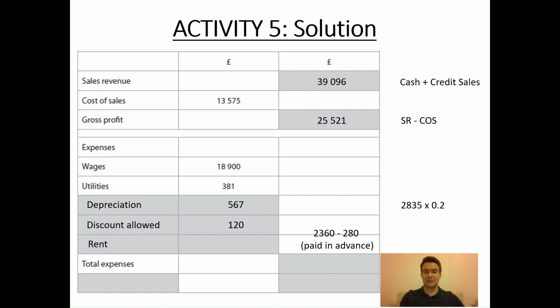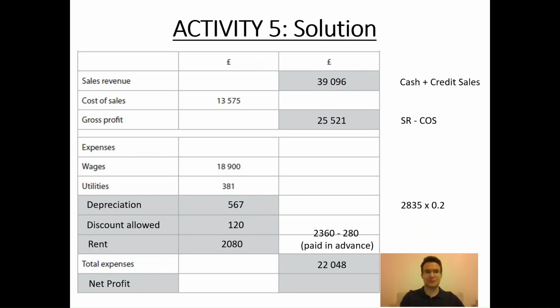Now, the rent for the year was 2,360, but she paid 280 of it in advance, which means that the actual figure for rent in that financial year was 2,080, of course being an expense. So to work out the total expenses, we simply add up those five figures and we come up with a figure of £22,048.